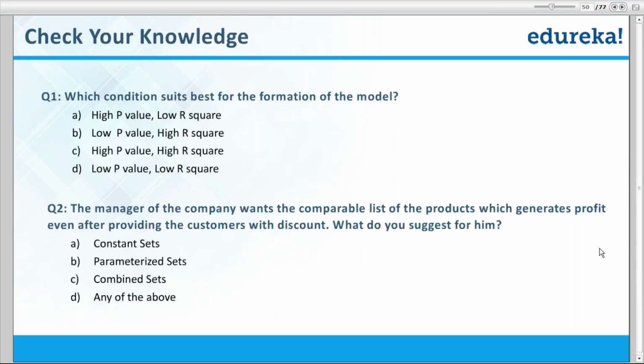Now this is the knowledge check for you all, friends. Let me know what is the answer for this. Can you answer the first question here?